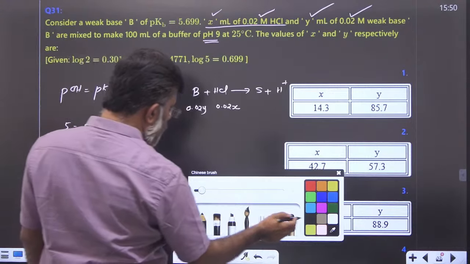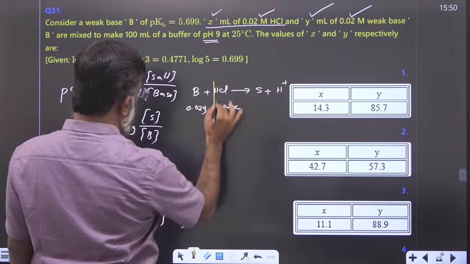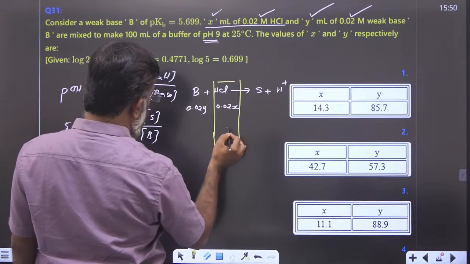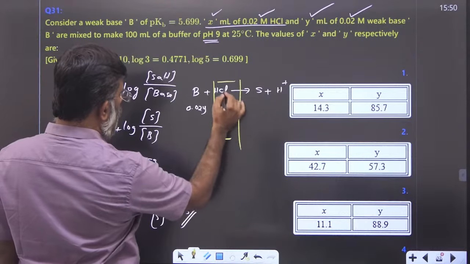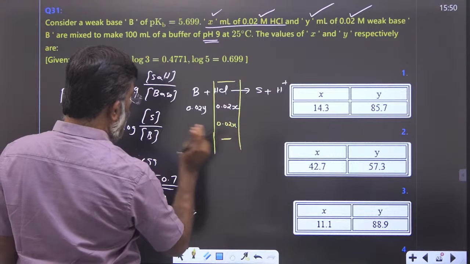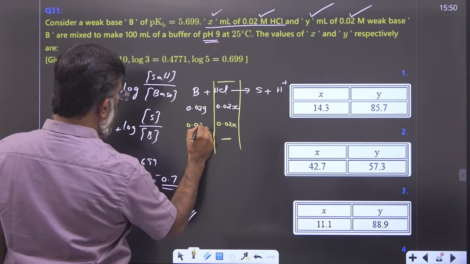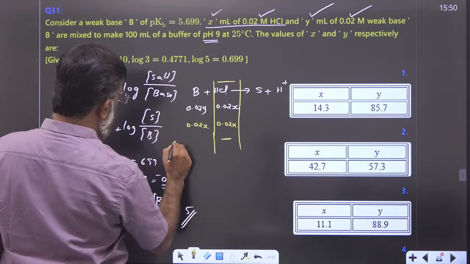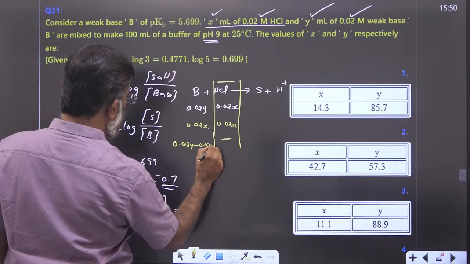Please understand, forming a buffer means this is completely consumed. So 0.02x taken, 0.02x react, nil remaining. And here reacting will be 0.02x, remaining will be 0.02y minus 0.02x.